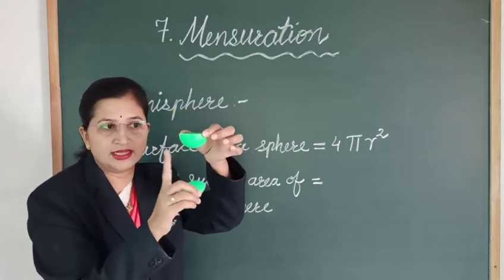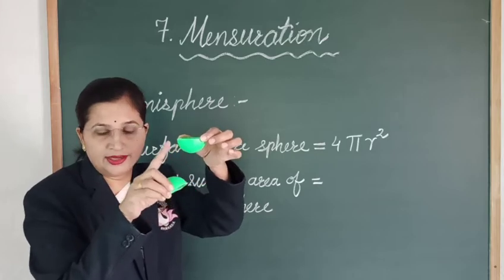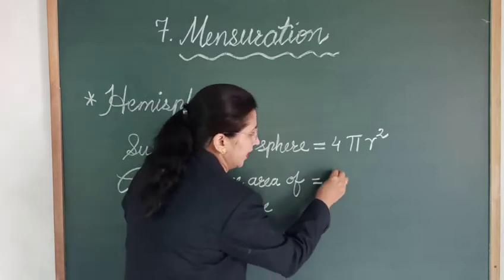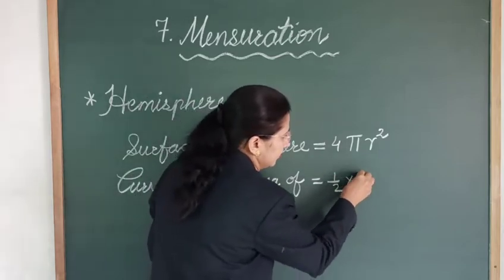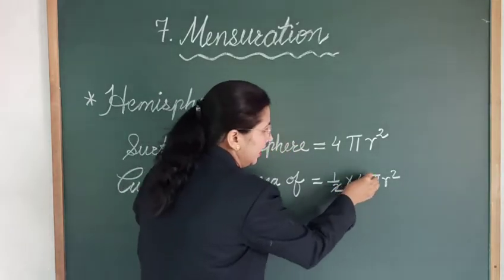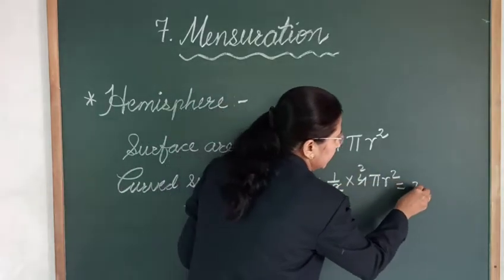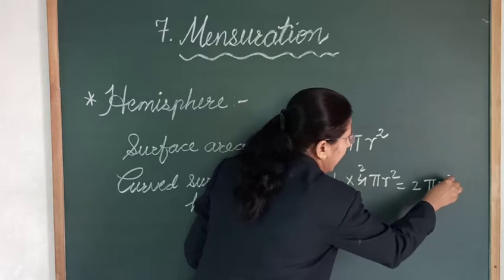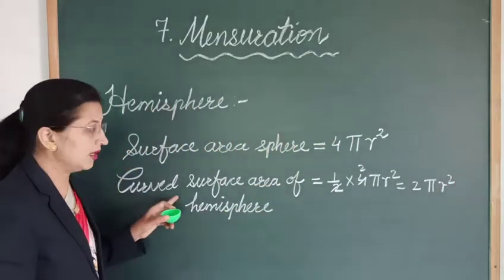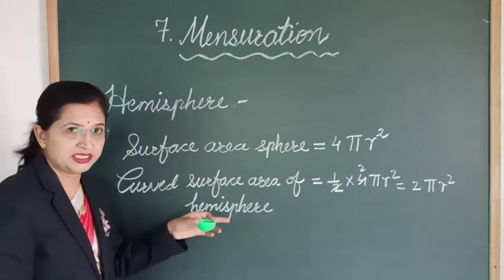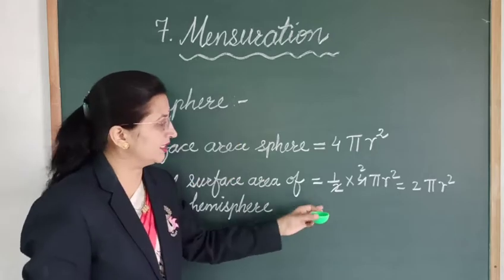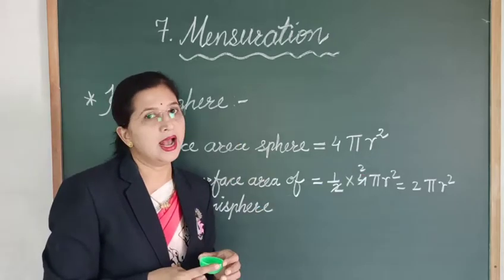It will be half of 4 pi r square, then we will get 2 pi r square. In this way we get the curved surface area of hemisphere: curved surface area of hemisphere is equal to 2 pi r square.